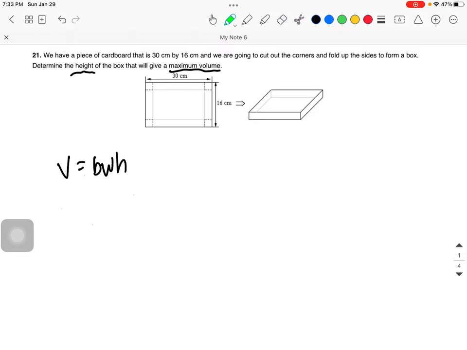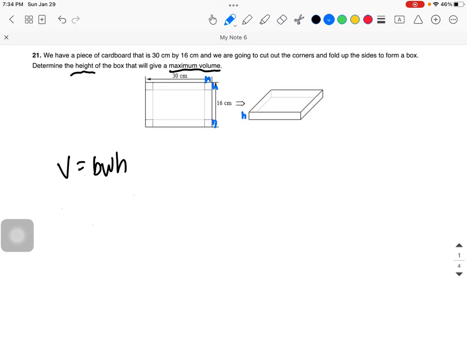But that's way too many variables, and we're going to try to take what we know and rewrite it, hopefully, and make it a little bit easier. So if you think about these little pieces right here, if you fold this stuff up, those are actually going to be the height of that box or that tray looking thing.